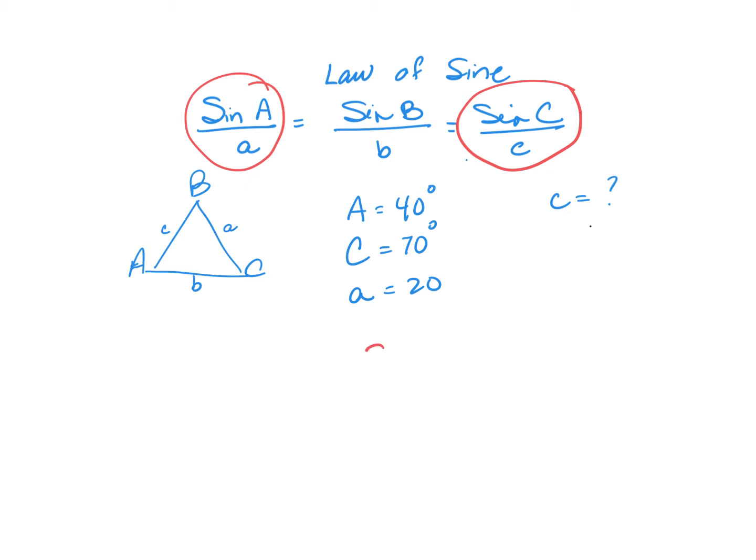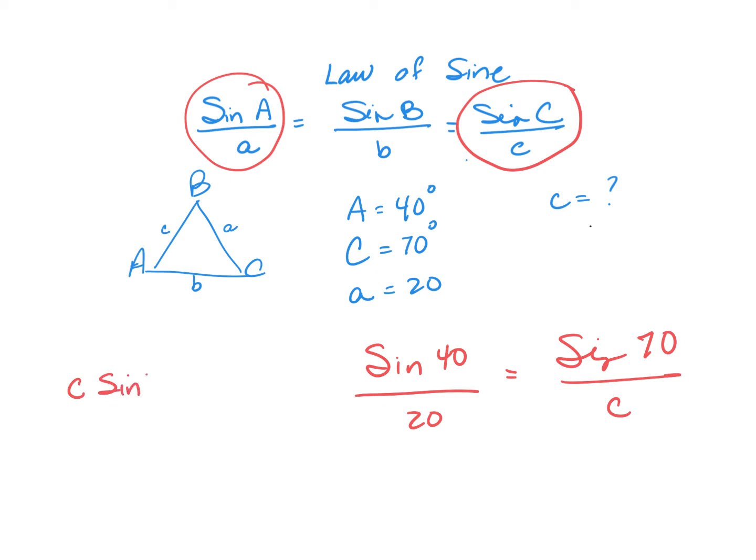So it's going to be sine of big A, which is 40, over 20, equals sine of big C, which is 70, over little c. Cross multiply is the ticket. Whenever there's a letter and a sine of 40, I always put the letter first. So c sine of 40 equals 20 sine of 70. Okay?